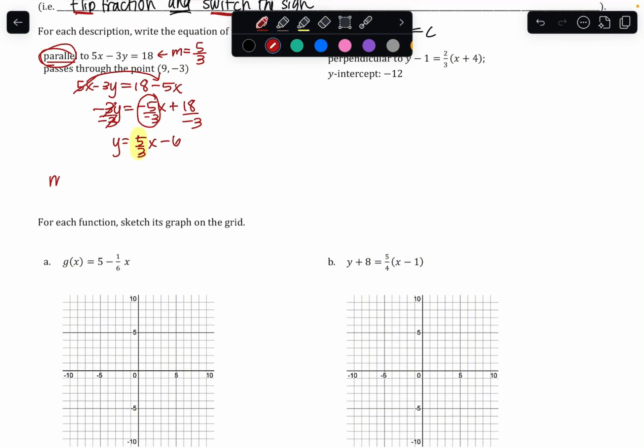And so once we have the slope of 5/3 and we have a point, that gives us an x1 and a y1. x1 is 9 and y1 is -3. And so we're going to use point slope form.